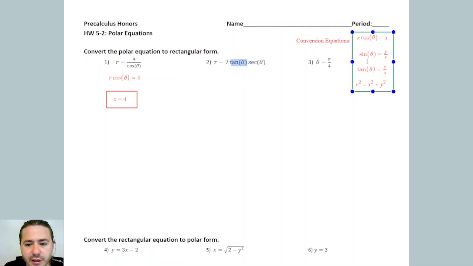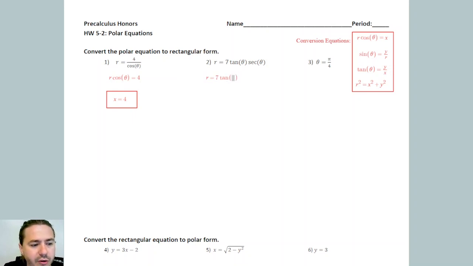Tangent of theta can be converted directly to y over x. So that should take care of all of our polar variables. Remember, the whole goal here is to get rid of r and theta and replace it with x's and y's.